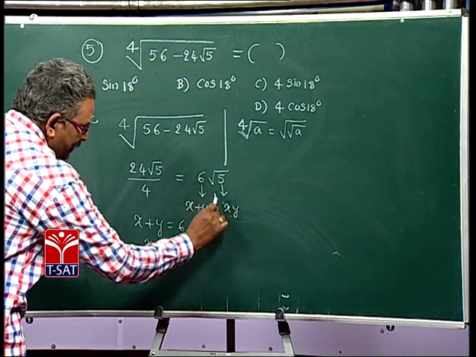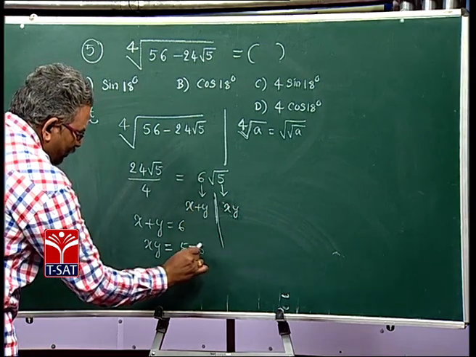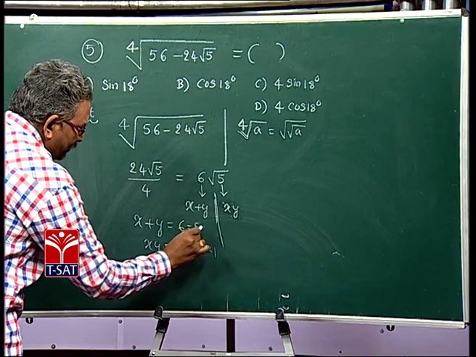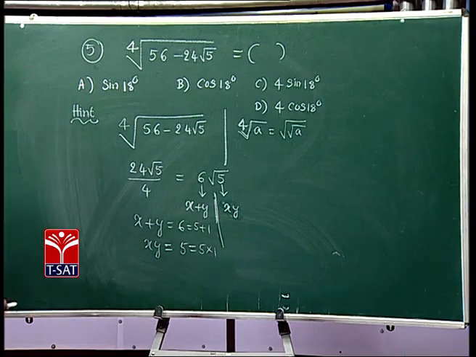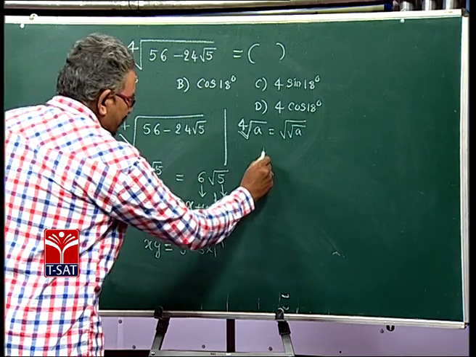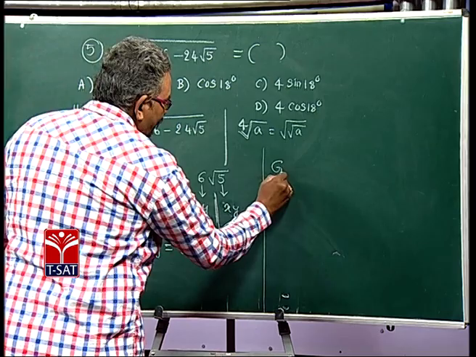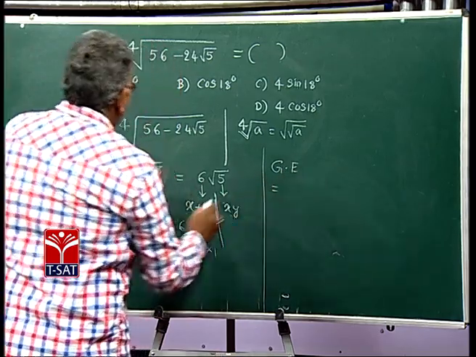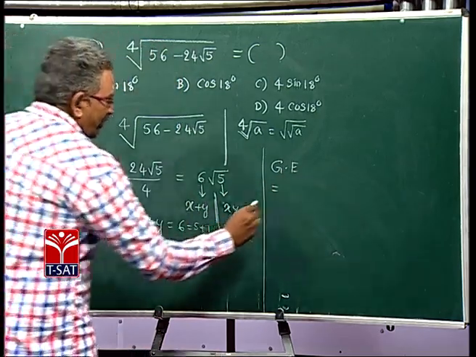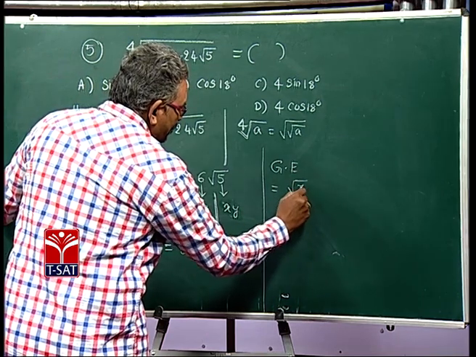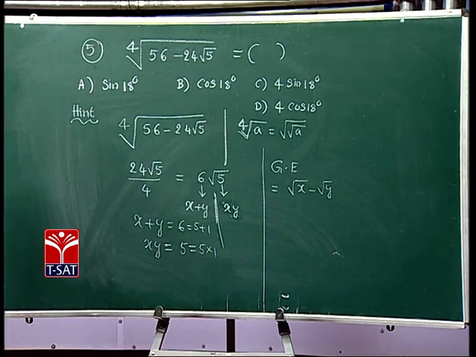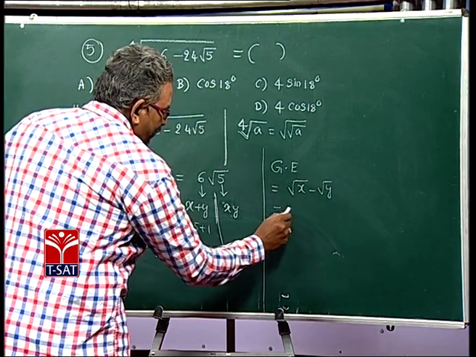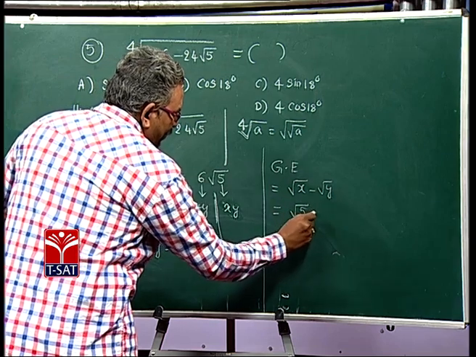What are the 2 factors? 5 into 1, and this is 5 plus 1. Now I will give our answer directly. The given expression value equals root x minus root y. x must be greater than y, you remember. That means x is equal to 5, y is equal to 1. So the answer is root 5 minus root 1, which is root 5 minus 1.